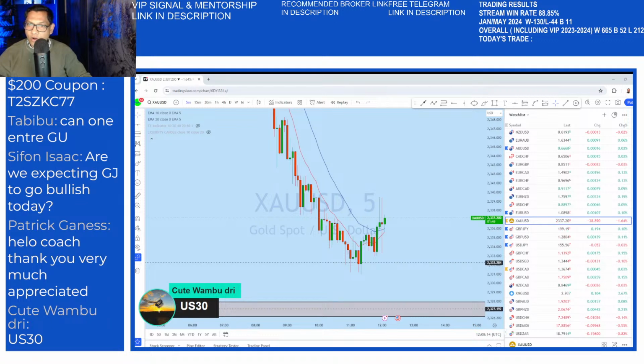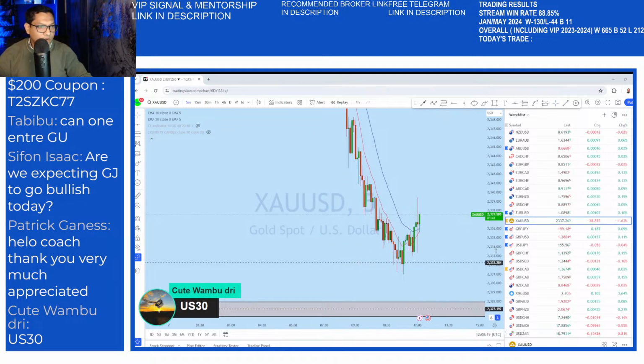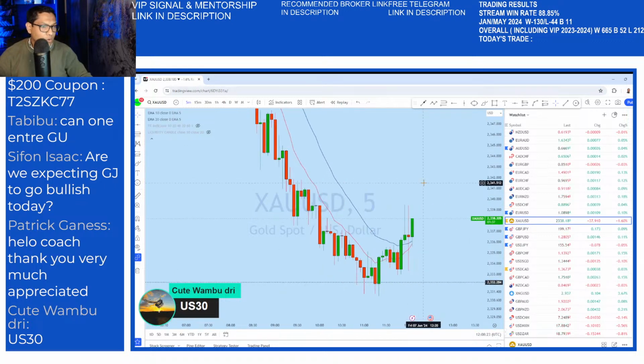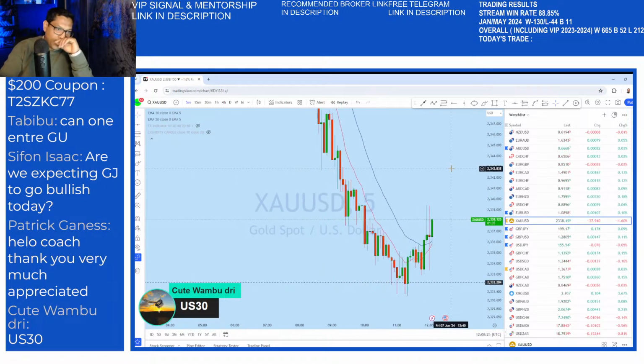So you're ready for a big day to start with, the weekend, Friday, and expecting it to move up in the major direction of the trend.